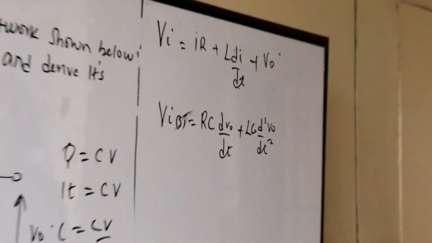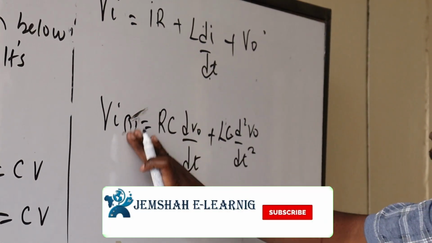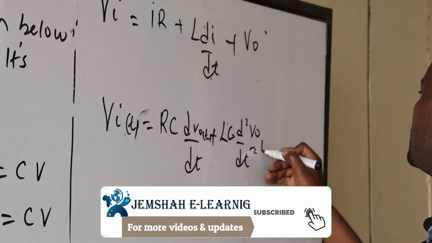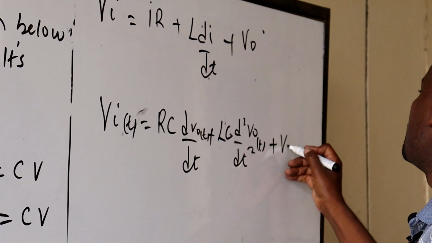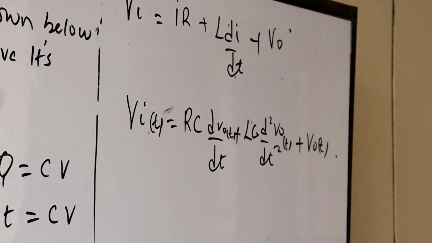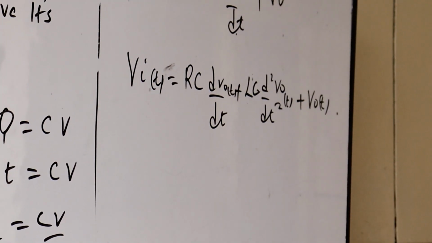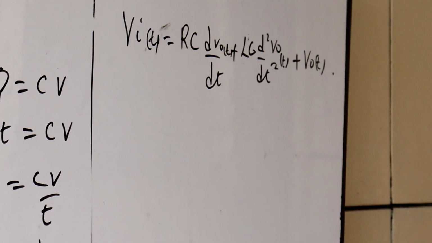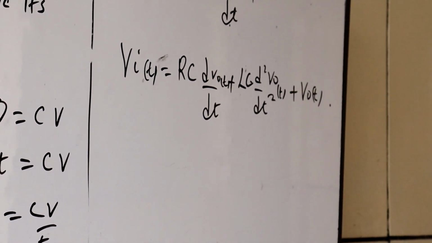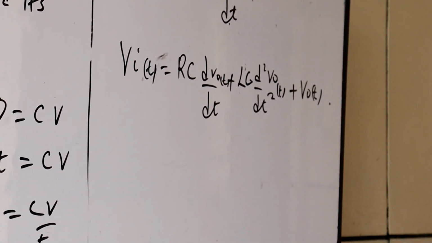That one is still in time domain, and then here plus V out, again in time domain. And with that, we shall have obtained what we refer to as the integral differential equation. So this is the most important part. After you've obtained the integral differential equation, then from there you can come to taking the Laplace transforms.